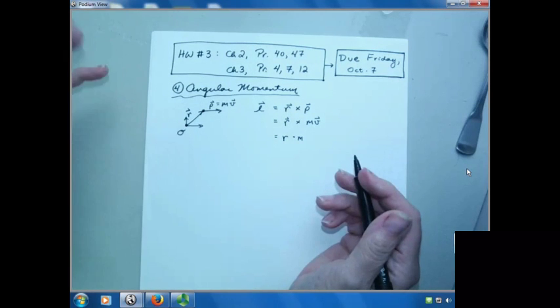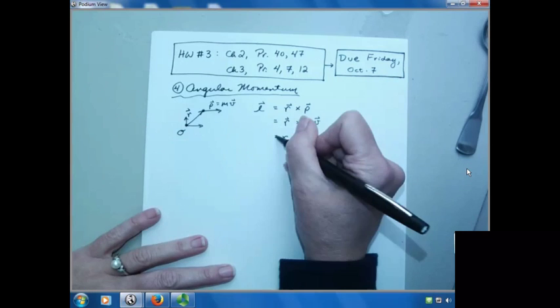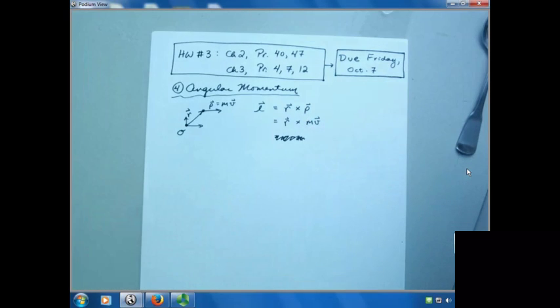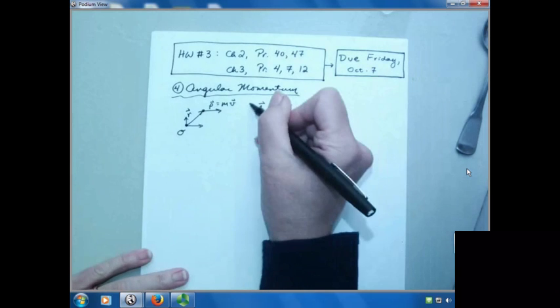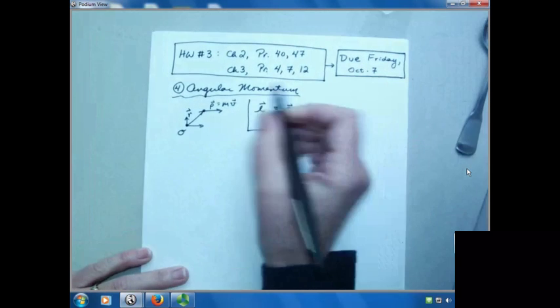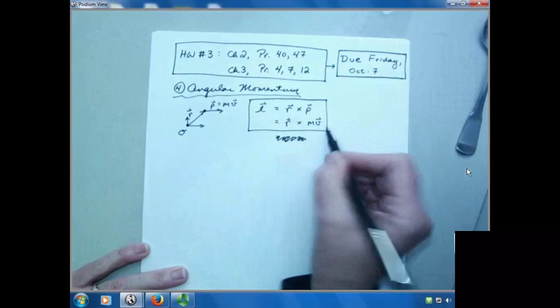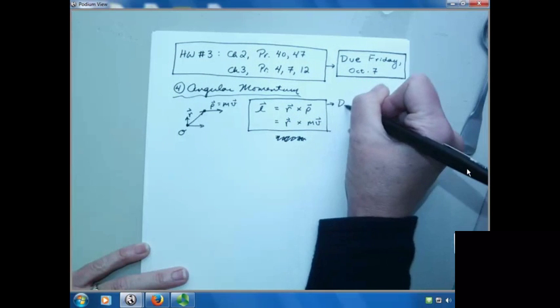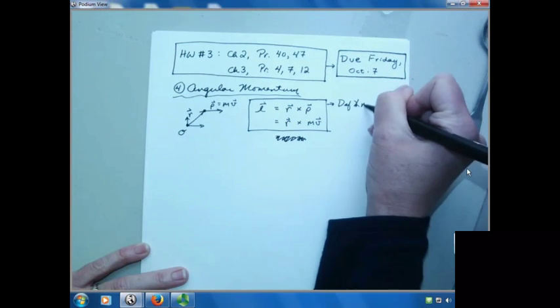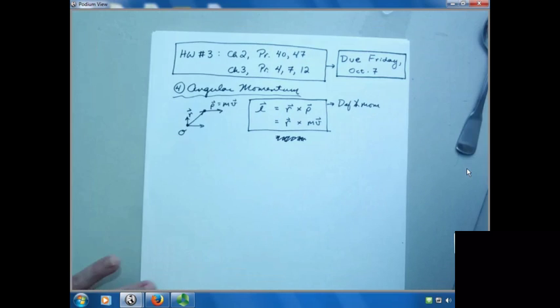Well, that would be if it was at a fixed radius. It might be premature. We'll relate that to circular motion a little later, so we'll stick with this for right now. Let's put a box around it. These will be our defining statements for angular momentum, and angular momentum will be represented for a single particle by lowercase l.